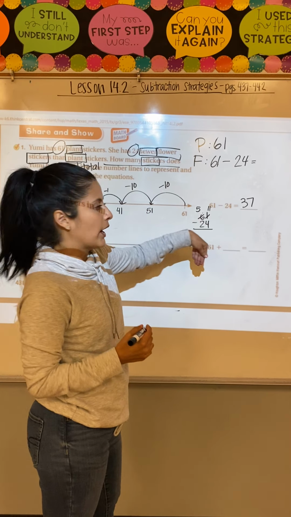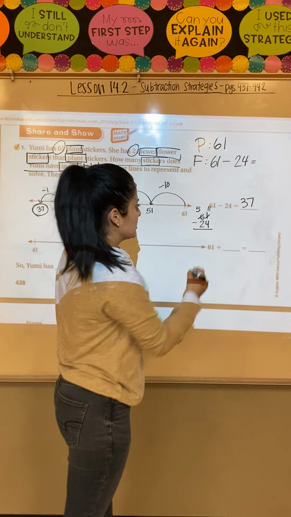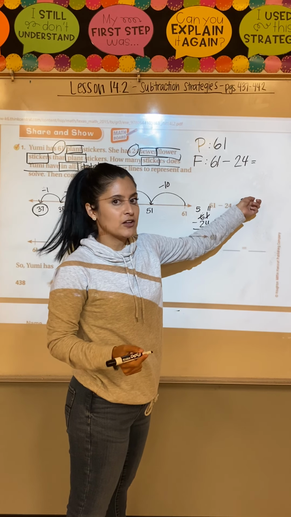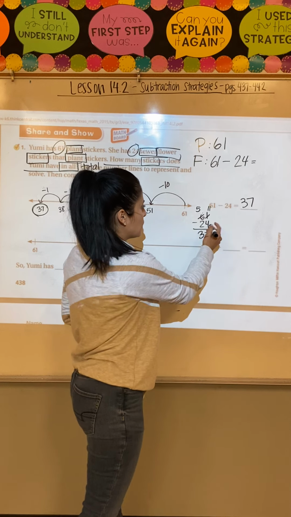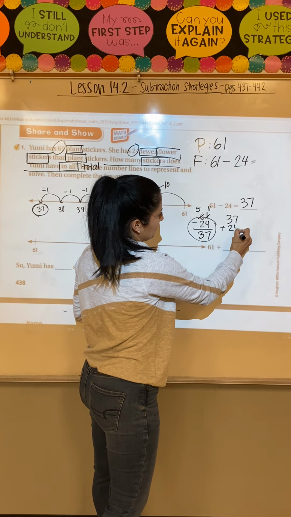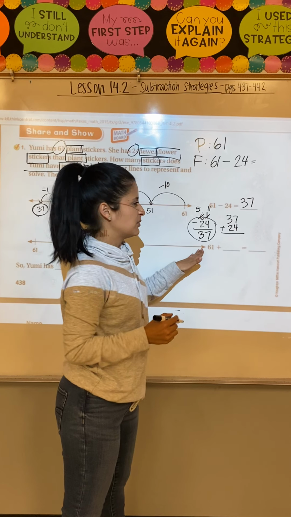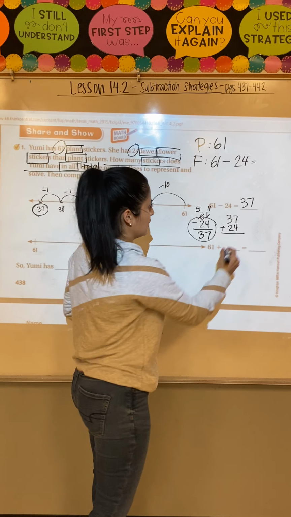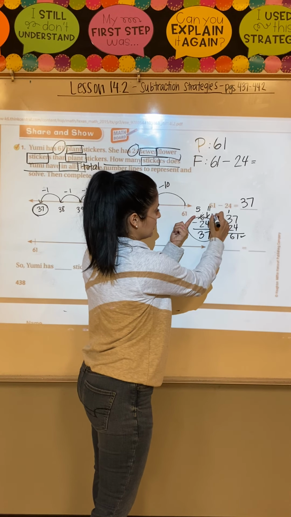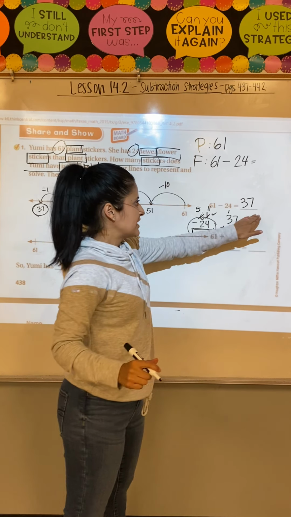Now we can subtract. 11 minus 4 is 7. 5 minus 2 is 3. Does it match? Yes. And of course, we could use our inverse operation here to make sure that we subtracted correctly. Does it match? Yes.